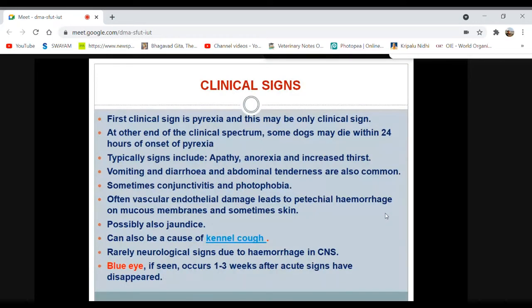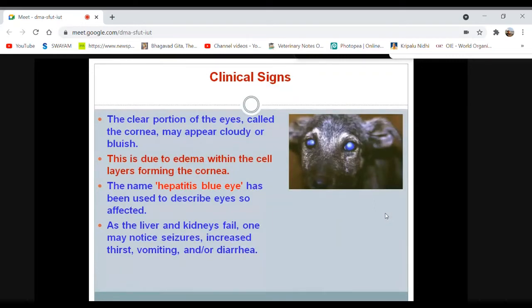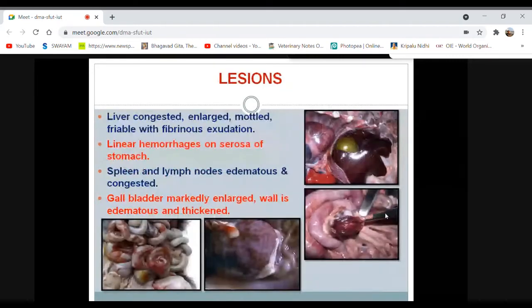Then coming to the lesions, the three organs we have mostly talked about are the liver, kidneys, and the eye. Then, of course, the lungs, the spleen, and the lymph tissues may also be involved.